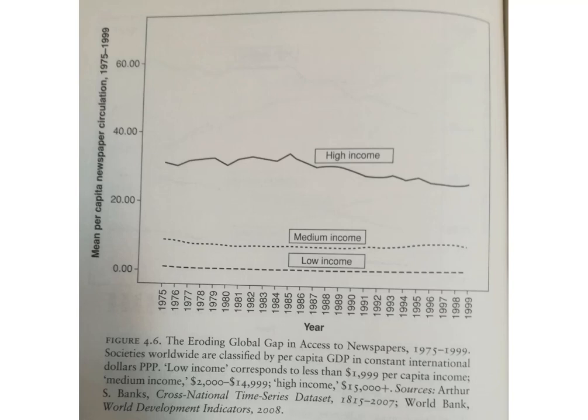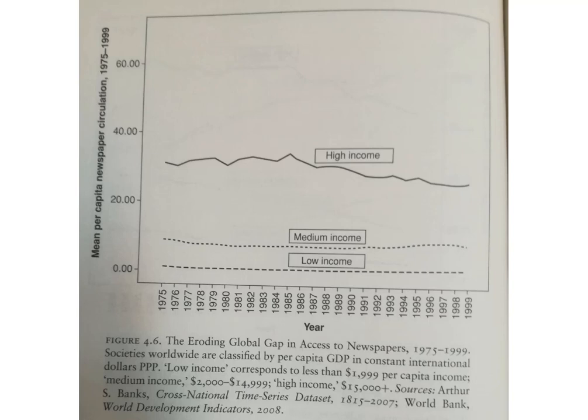The next thing we should discuss is the eroding global gap in access to newspapers. So from the same study we can observe in this figure that actually when it comes to newspapers, the gap is eroding. What does this mean? It simply means that the high income countries move away from newspapers. As we can see, in low income countries the newspaper is around 0.